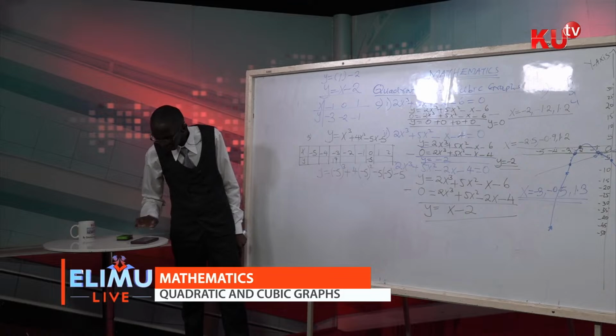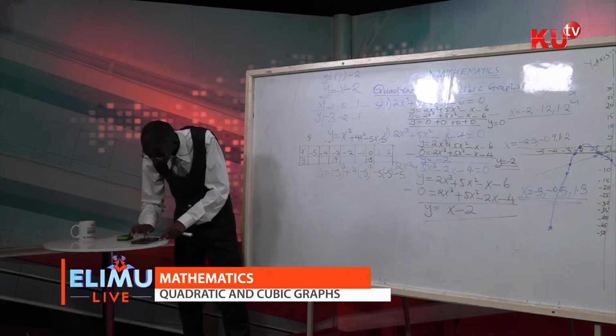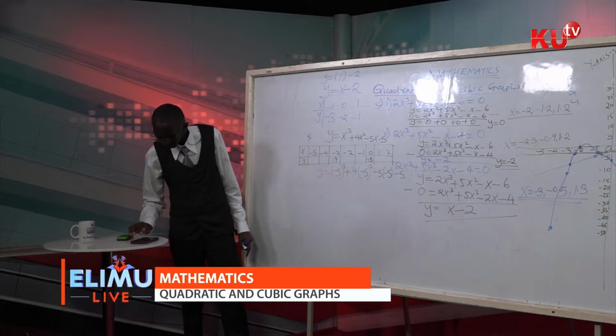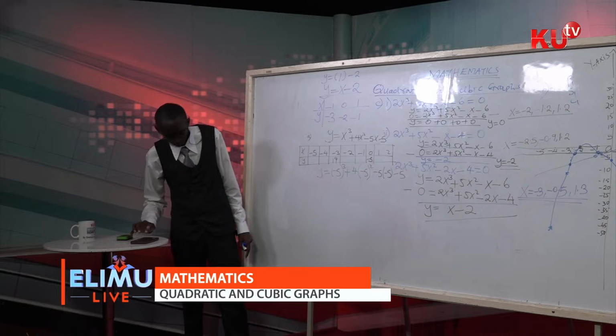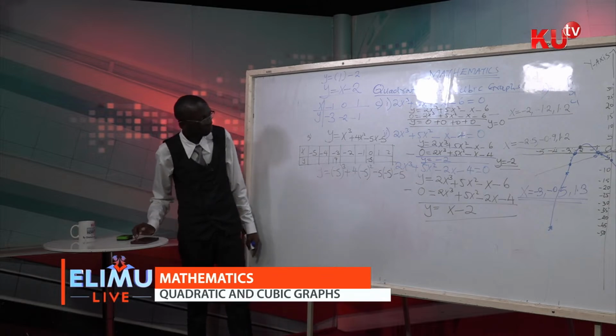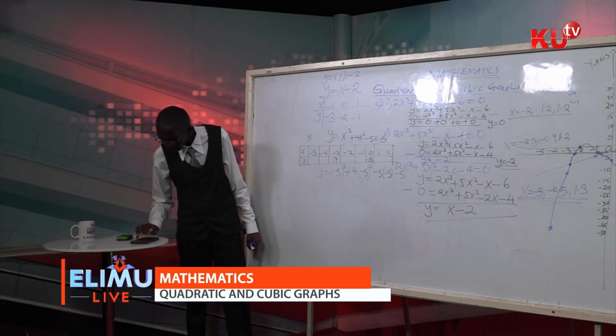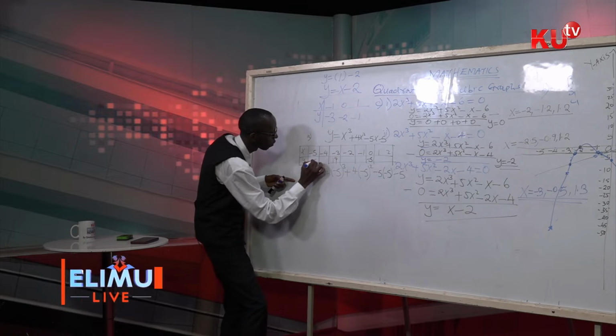-5, use your calculator. So in bracket, -5 cubed, plus 4, -5 squared, minus 5, -5 minus 5.